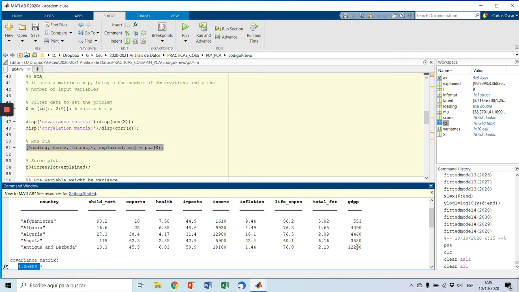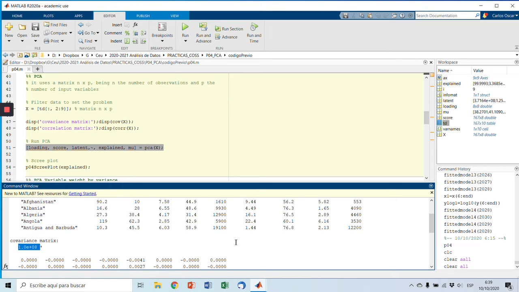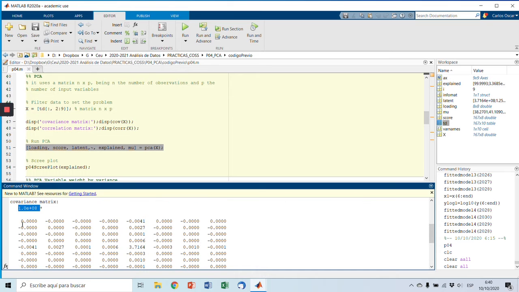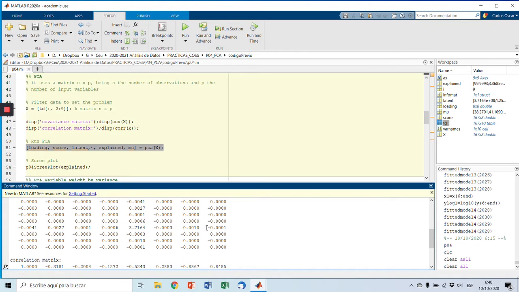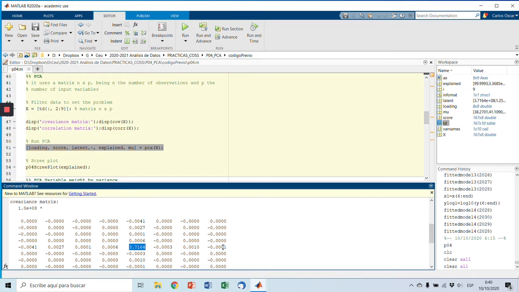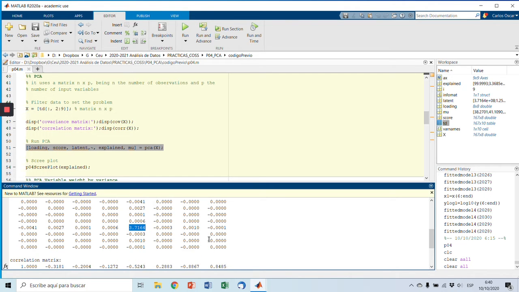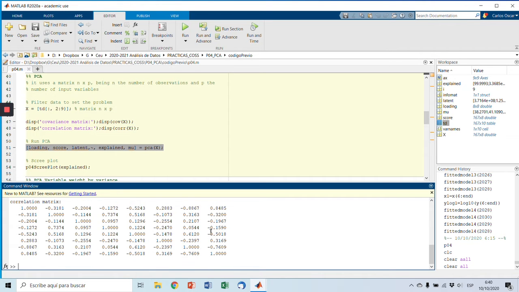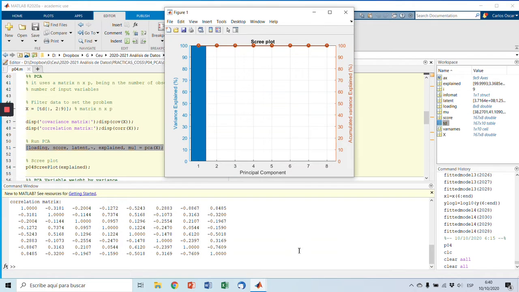So this variable that is 10 to the 4, when you compute the variance is 10 to the 8. It is the square of those variations. So one of the variables dominates the rest. That is in particular this one. So that one is dominating the rest of variables, and it doesn't allow a proper PCA analysis.